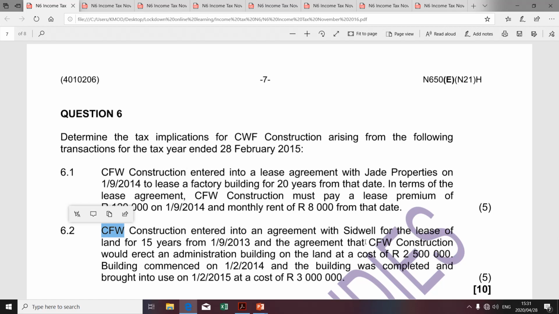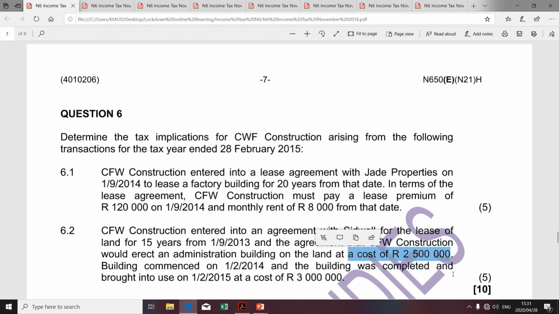Okay, so what would be the tax implications? Before I even go to the calculation slide, in terms of section 11G, as he incurred the expenditure of 3 million, CFW will be granted an allowance on the expenditure. However, he will be granted an allowance on the amount agreed upon, which is 2.5 million.